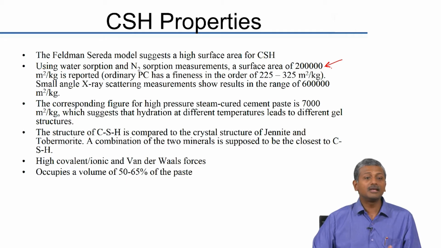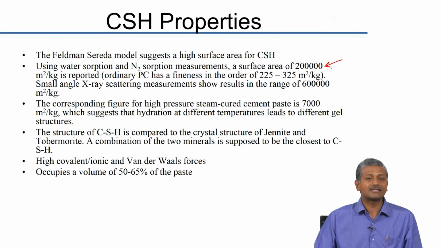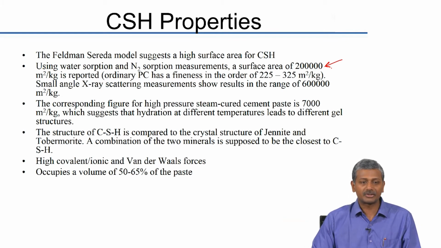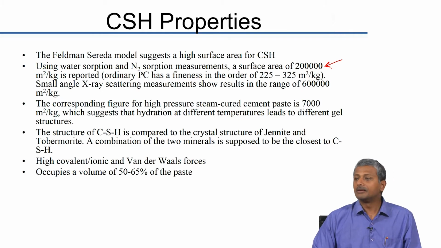I mean the sheets are not fine sized, but because they are sheets there is a large surface available on the CSH. So you have 200,000 square meters per kilogram as the sorption suggested surface area of CSH.